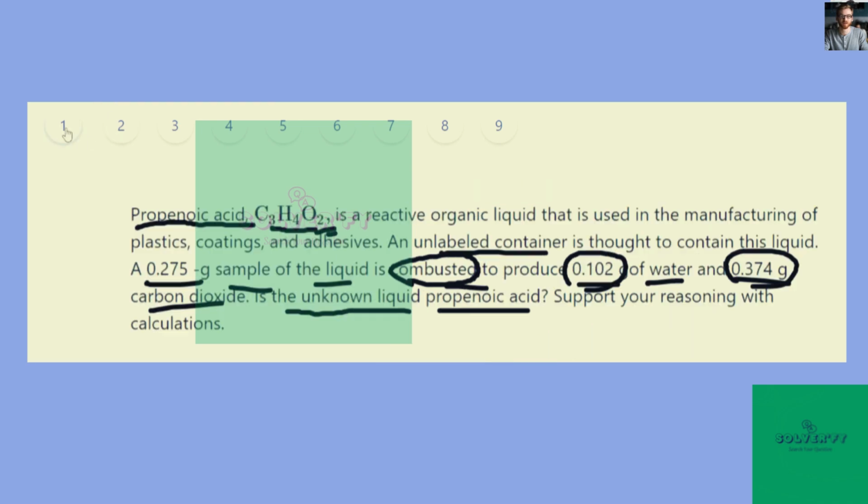Now here we can see that for propenoic acid, the molecular formula is C3H4O2, whereas our unknown sample has the empirical formula of C3H4O4.